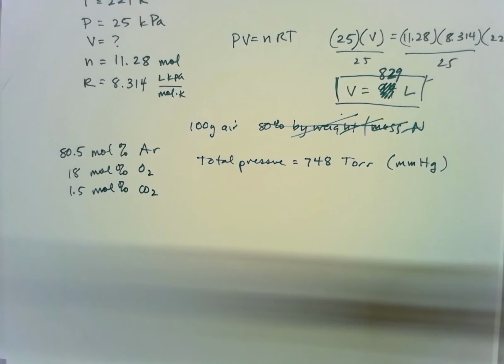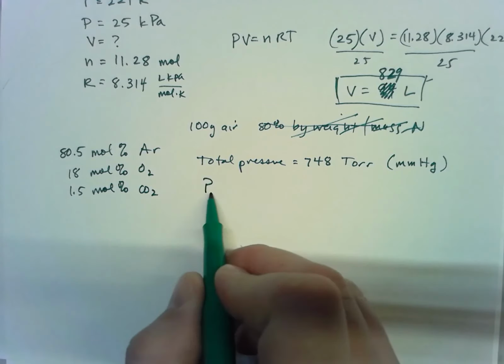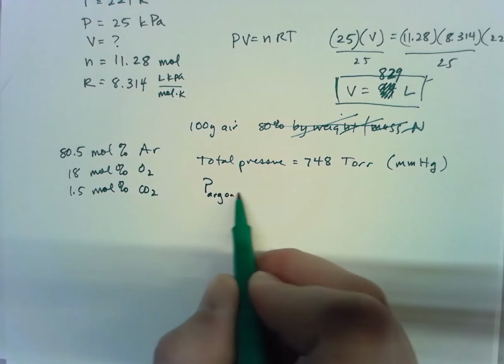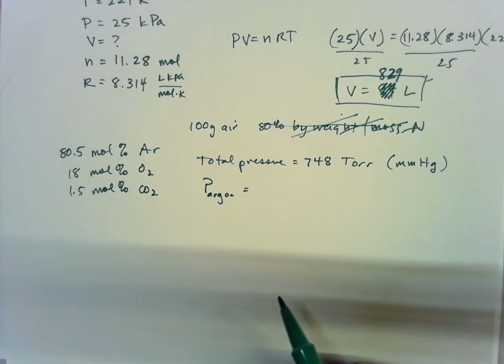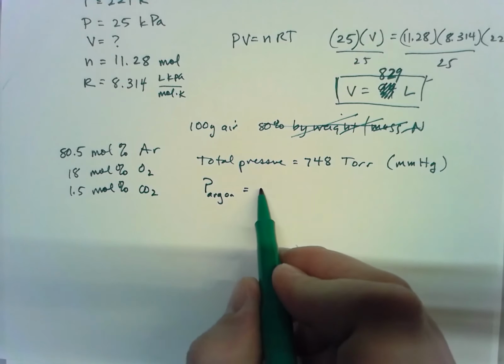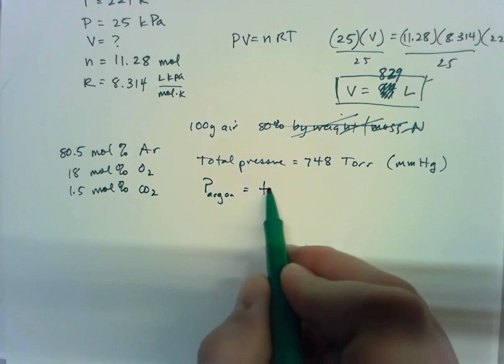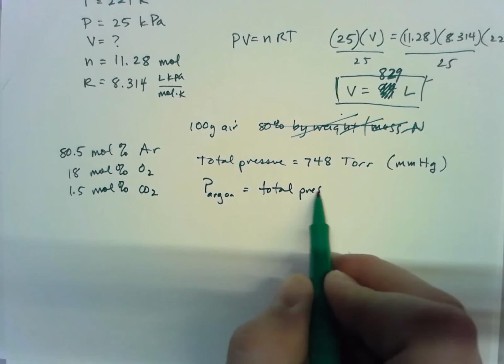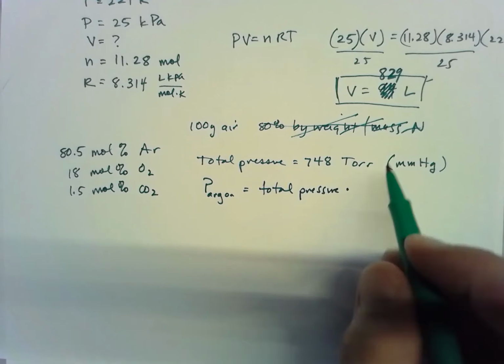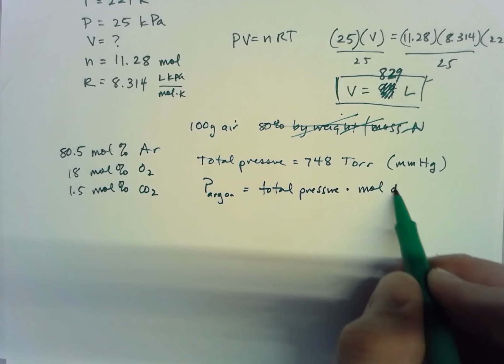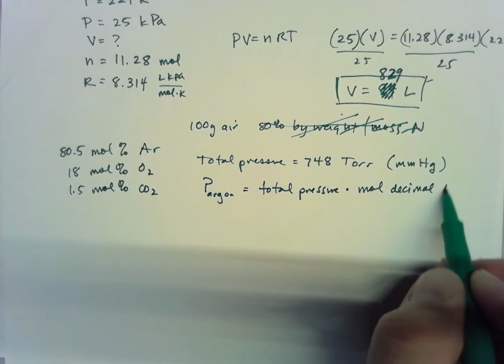Okay. Partial pressure for argon. So we'll call this P argon is equal to the total pressure times, we'll call this the mole decimal of argon.